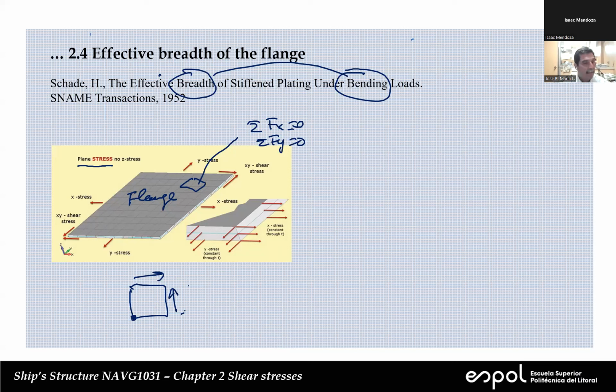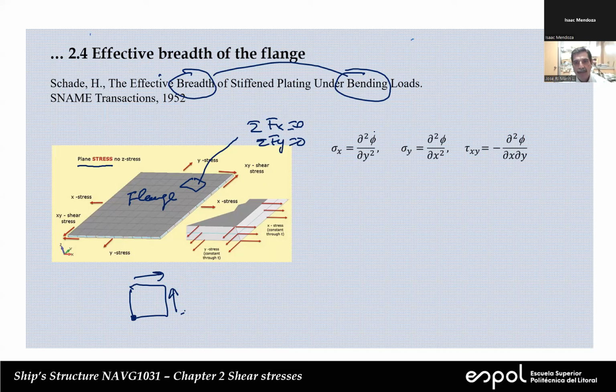What do you obtain? Tau xy equal to tau yx. Exactly. So that's there. Now, this is the way we treat plane stress problems.